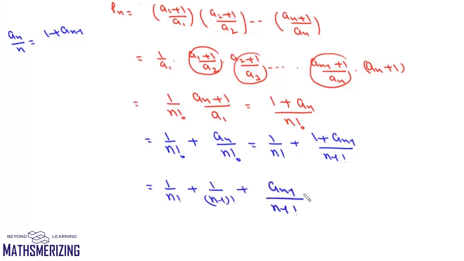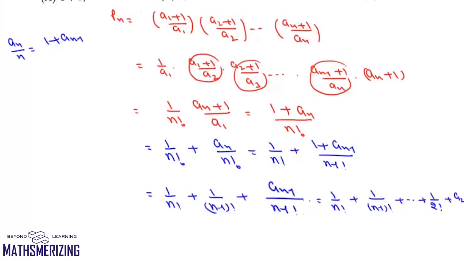If we continue in the same fashion, in the end we'll get 1 upon factorial n plus 1 upon factorial n minus 1 plus a2 upon factorial 2. We can also write this as 1 upon factorial n plus 1 upon factorial n minus 1, and so on, up to 1 upon factorial 2 plus, now a2 upon 2 is 1 plus a1, and a1 is 1. So it will be 1 plus 1 upon 1.